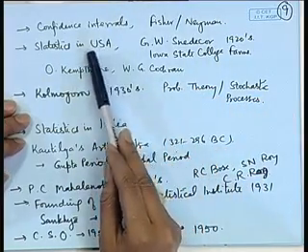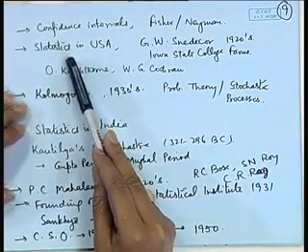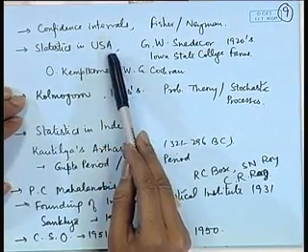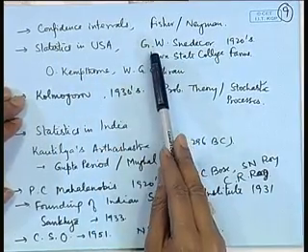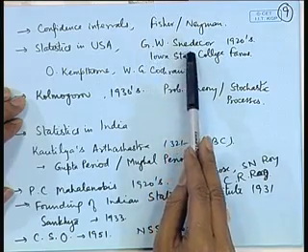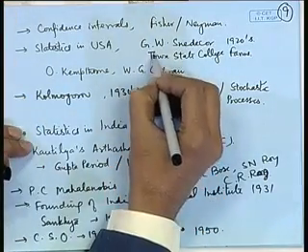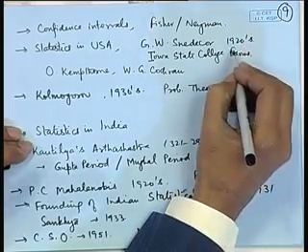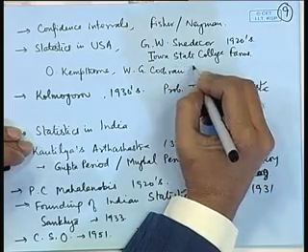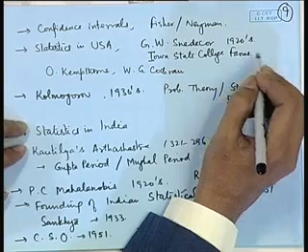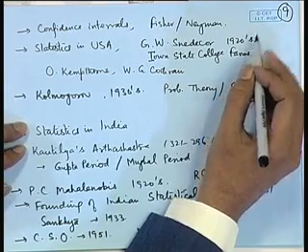Around the 1930s, the subject statistics started to develop in the USA also. In fact, G.W. Snedecor is credited with introducing the subject in the United States of America. So, in the 1920s, he was working at Iowa State College, and there on the agricultural farms he started using various statistical techniques.